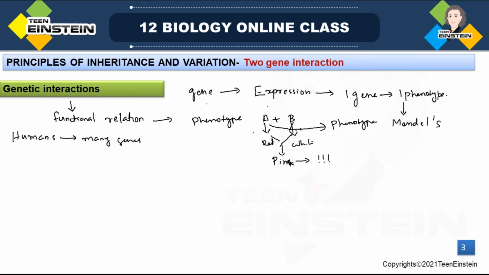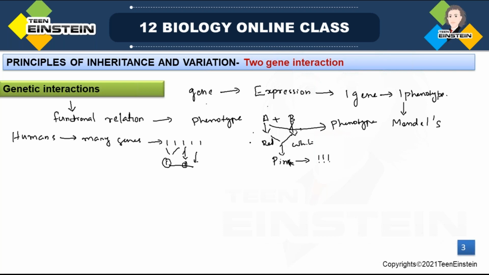In this, all genes won't give a particular expression. Thousands and thousands of genes are present, and each one won't form one character. It's not like that this will form one character, this will form another. Sometimes, through combined action, some genes interact with each other.